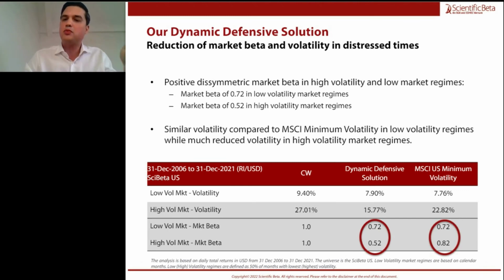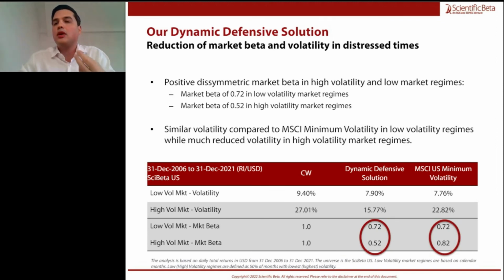It's exactly those periods that you want the market beta to be decreased. This does not happen for a traditional defensive strategy. In practice, you see that the beta can increase during these periods, and that's why you cannot avoid these spikes of volatility.